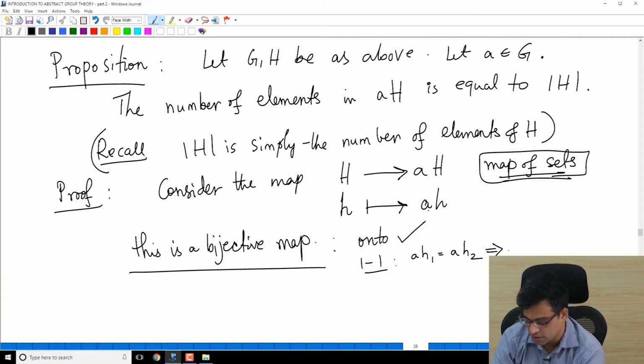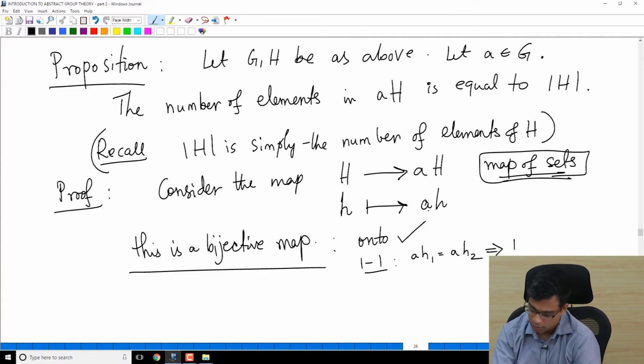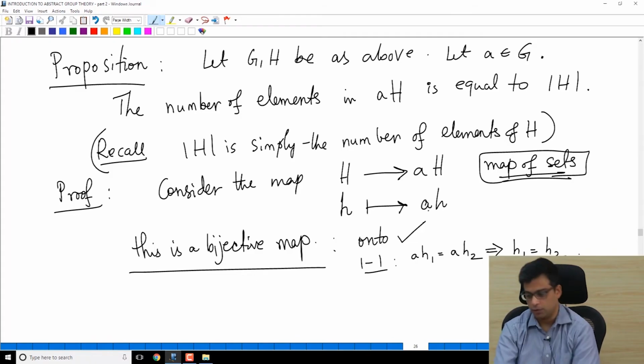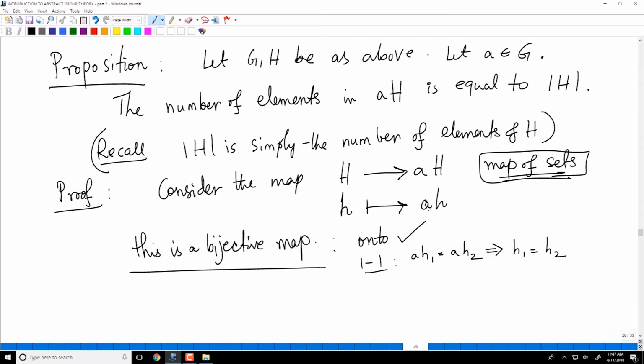But then the cancellation property of groups that we have learned a long time ago gives me that h1 equals h2 by cancelling a. So it's one-one also. So it's a bijective map. If there is a bijection between two sets, that means they have the same number of elements.